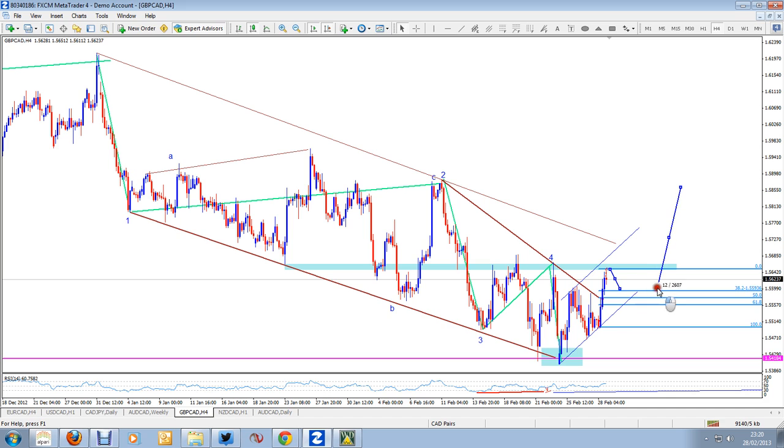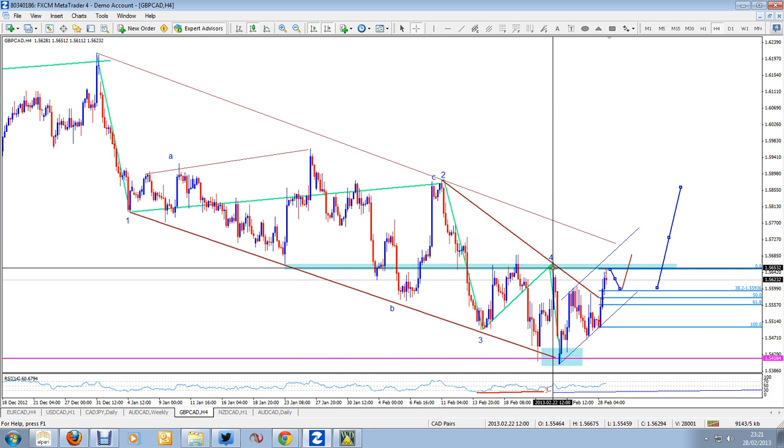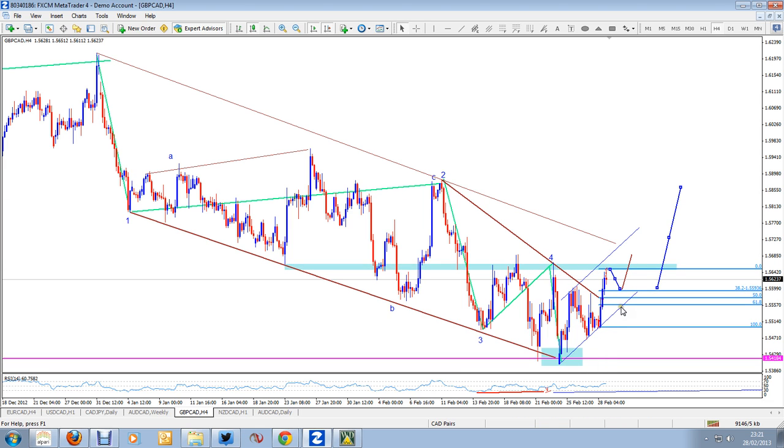And then what we might expect is wave 5, which will probably break above this area of horizontal where we had previously a lot of support, resistance, and we're coming back into that area as a potential resistance. We expect a pullback and then maybe a next leg higher. Okay, then it might be that we might get another pullback.